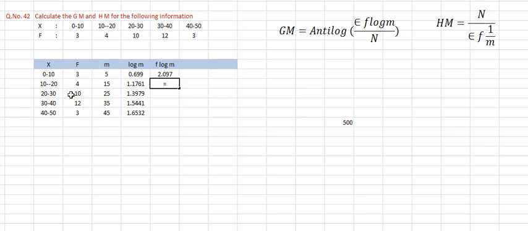Similarly, you multiply f into log m for each row. Is it clear? Which numbers do you multiply? The same way. You will get all these numbers, and then find the total. The total is like this.